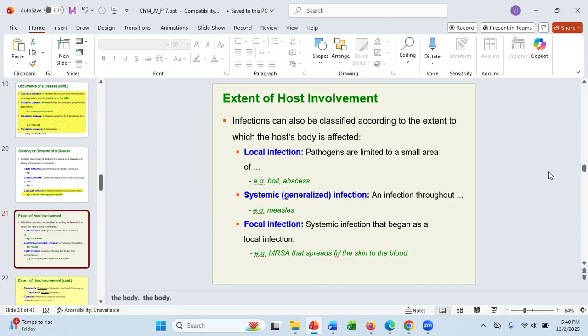This is where pathogens are limited to a small area of the body, usually the initial site of infection. An example of a local infection is a boil or an abscess on the skin, usually caused by Staphylococcus aureus, but it could be caused by some other skin infection.